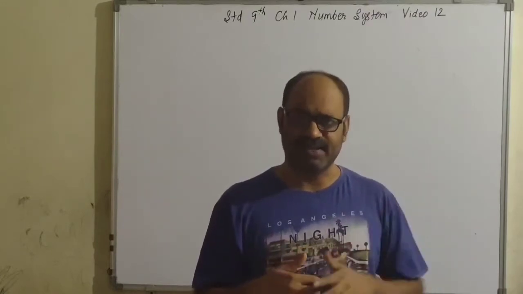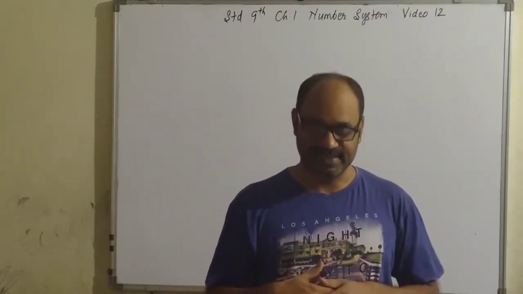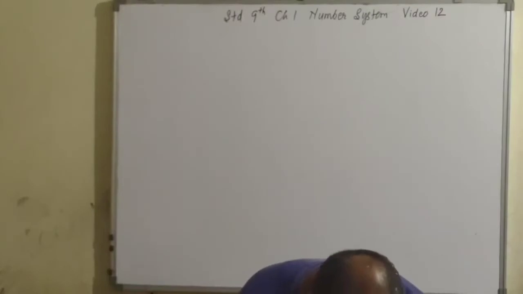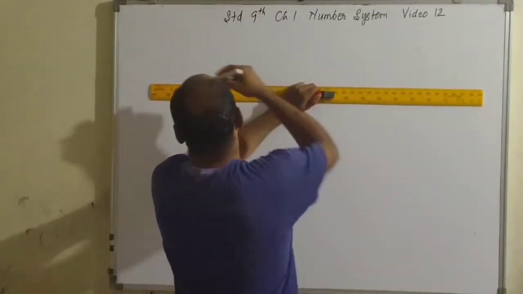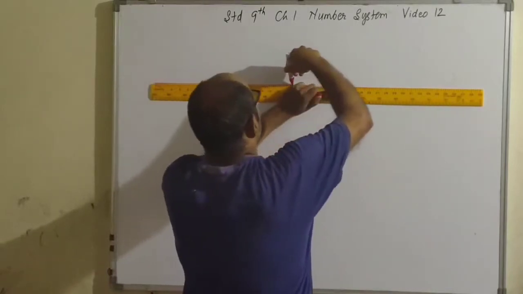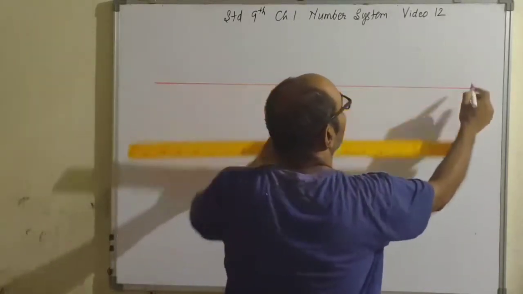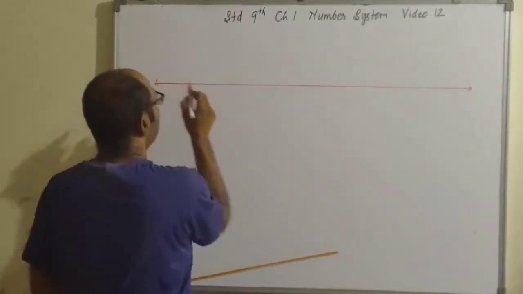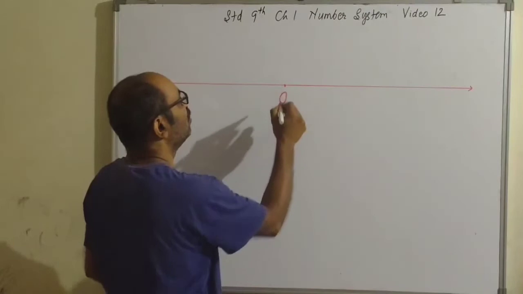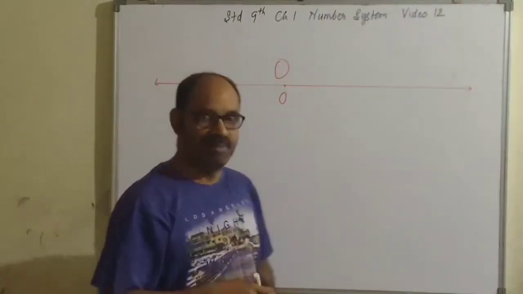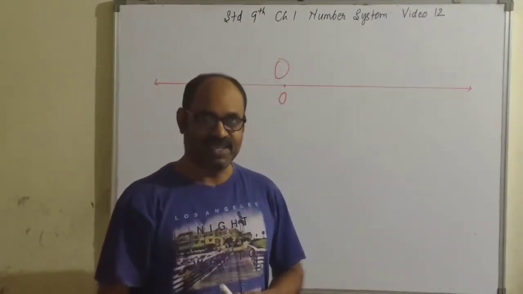One more thing before I start, I am going to discuss, and please pay attention, it's very important. Here is a number line. I take origin here. O for origin, and the number corresponding to it is 0.